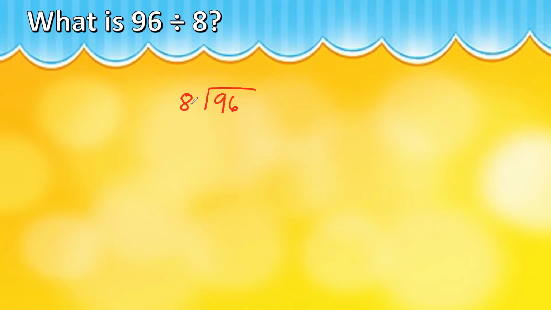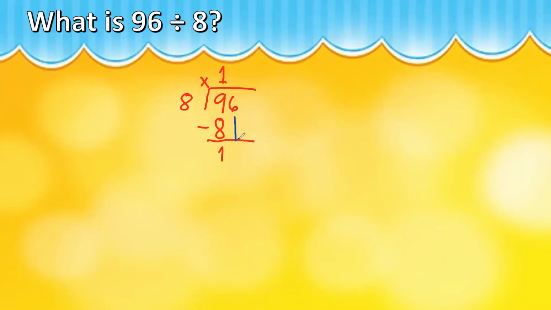9 divided by 8. How many 8 can you get from 9? That will be 1. And then multiply. 1 times 8 will be equal to 8. And then subtract. 9 minus 8 is equal to 1.